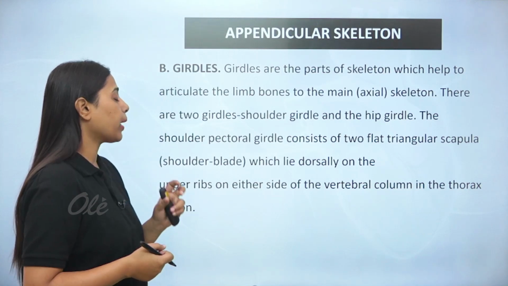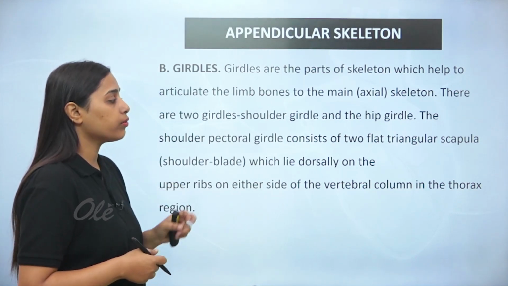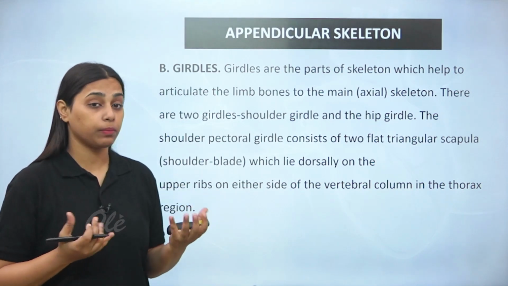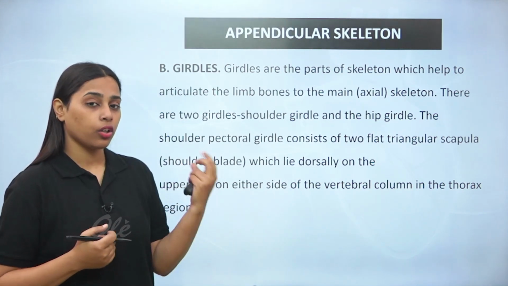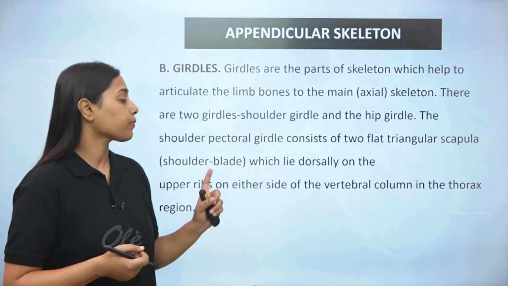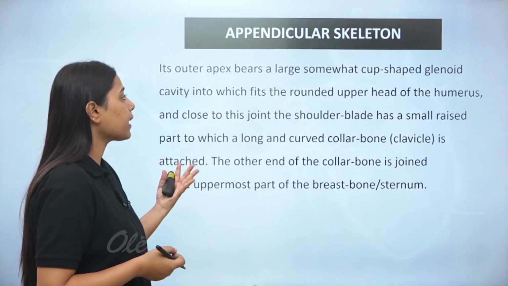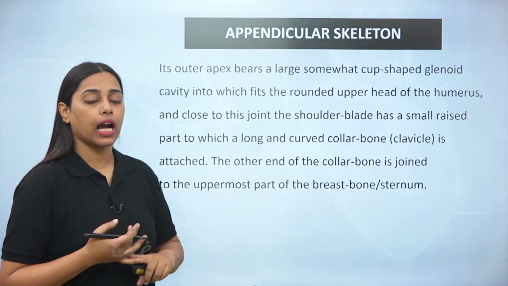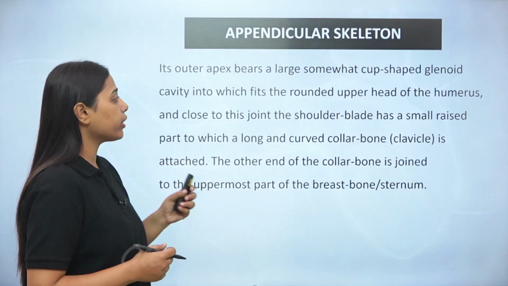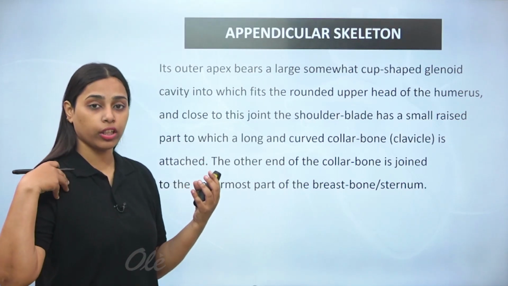The shoulder or pectoral girdle consists of 2 flat triangular scapulae, which are nothing but your shoulder bones, and which lie dorsally on the upper ribs on either side of the vertebral column in the thorax region. At its outer apex, it bears a large, somewhat cup-shaped glenoid cavity into which fits the round upper head of the humerus.